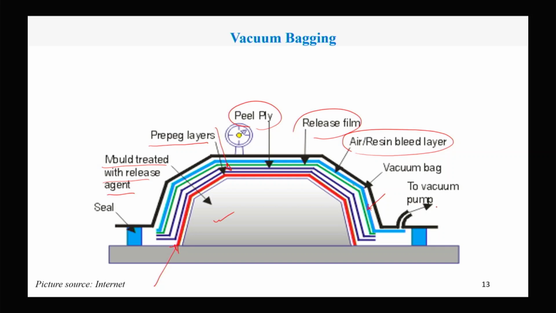When the vacuum pump is started, due to this vacuum bag system, there will be a natural pressure applied on the prepreg system due to the atmospheric pressure, and that will be enough to form a composite. This pressure is created through the vacuum system. So the maximum pressure possible here is the atmospheric pressure.